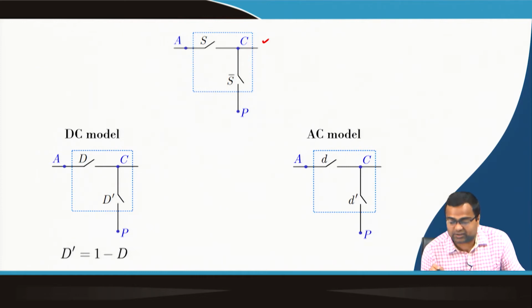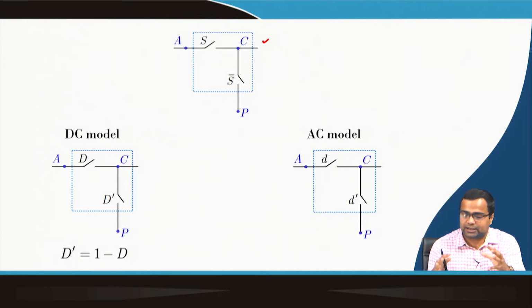But this is not complete, we have to write the current and voltage equations, and take into account the current and voltage expressions associated with this switch. That means, what is the current entering this network and what is leaving, coming out.